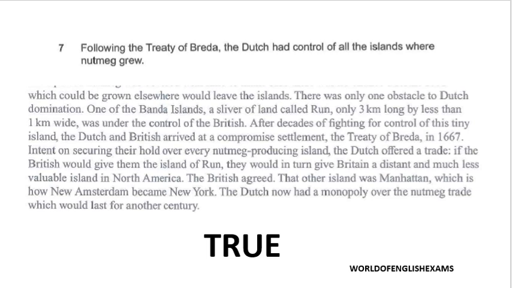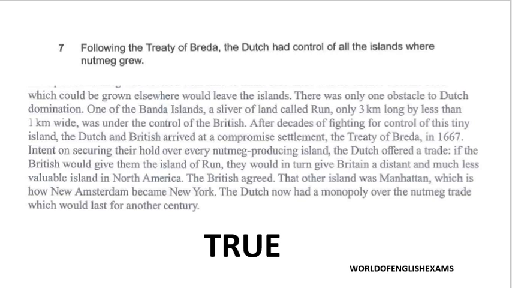So basically it's starting with a valuable island of Run, then it talked about the island in North America, then about Amsterdam, and finally it said the Dutch had the monopoly, meaning complete control over the nutmeg trade, which would last for another century. So for the next 100 years, the Dutch completely had the monopoly. That's the reason the answer is true.